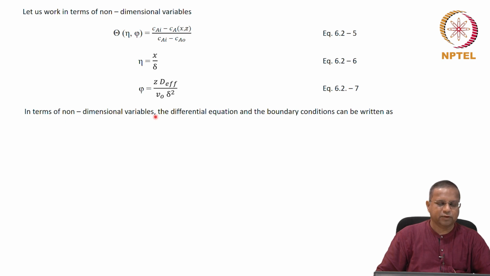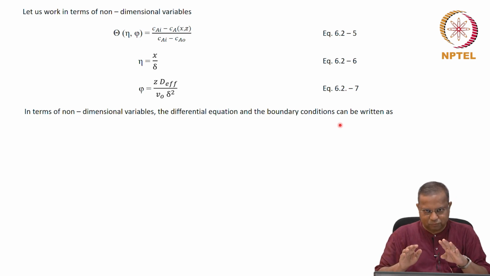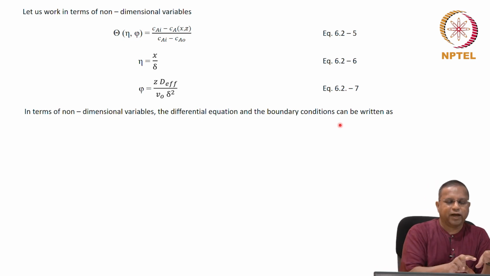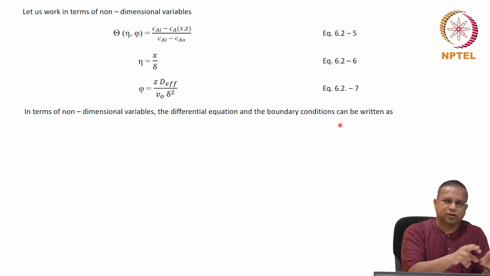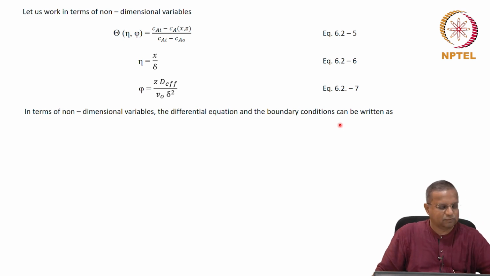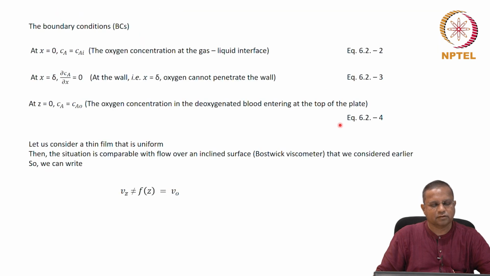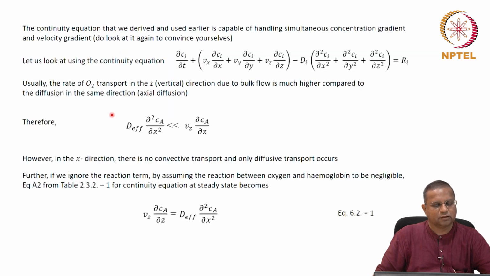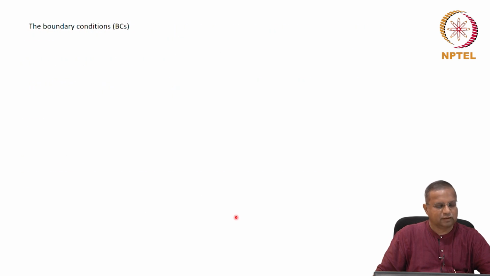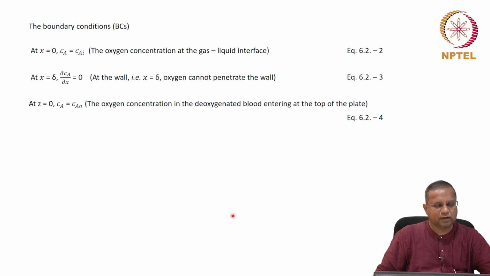In terms of the non-dimensional variables, the differential equation and the boundary conditions can be written as follows. I'd like you to pause the video here, go back, substitute these, do the various derivatives and so on. Substitute these into the differential equation that we had earlier, which was this, and the boundary conditions, which are these, and transform the equations and the boundary conditions into non-dimensional variables.